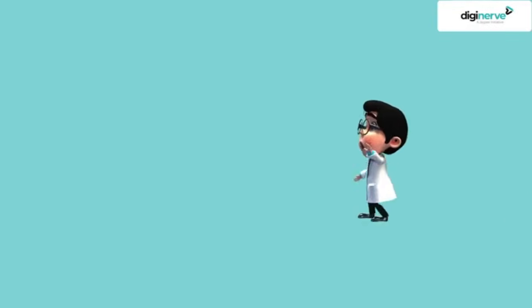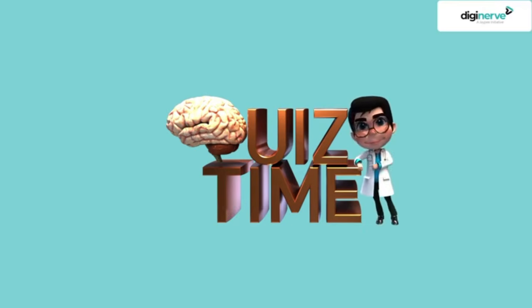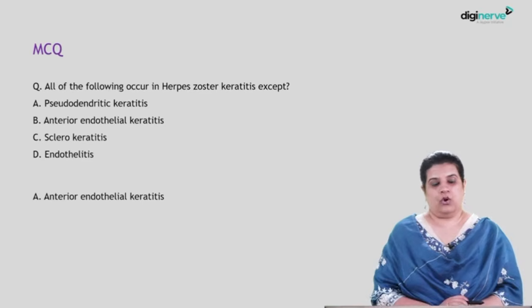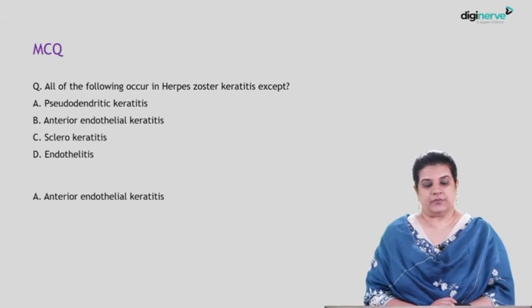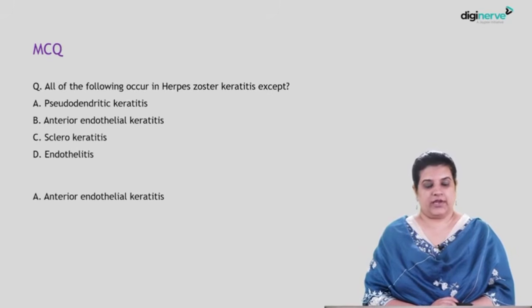So with this, we come to a few MCQs. The first one is, all of the following occur in herpes zoster keratitis except: pseudodendritic keratitis, anterior endothelial keratitis, sclerokeratitis, endothelitis.